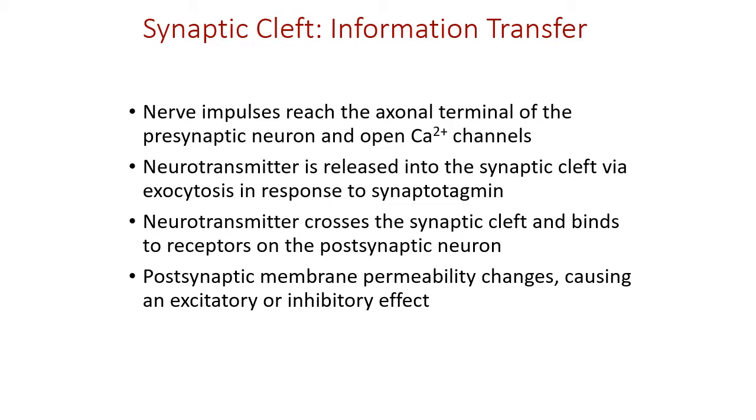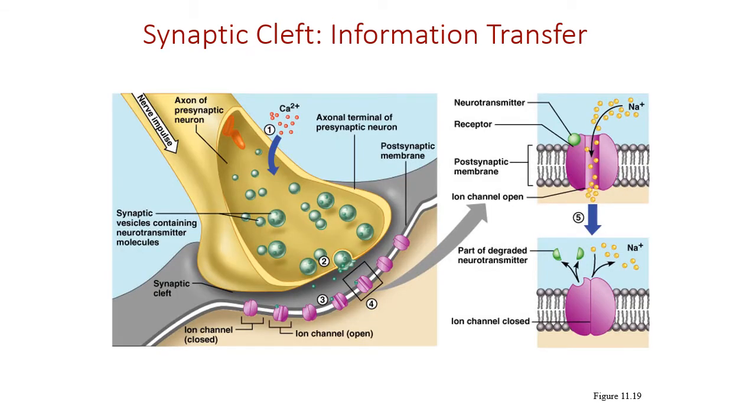That postsynaptic cell may immediately open up ion channels. It may close ion channels. It may cause the cell to start to manufacture something. It all just depends upon what that neurotransmitter and receptor combination leads to. So here we have that neurotransmitter process in the synapse itself. And so calcium is going to come into the inside of our presynaptic neuron.